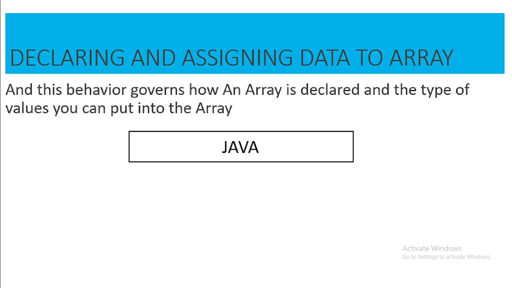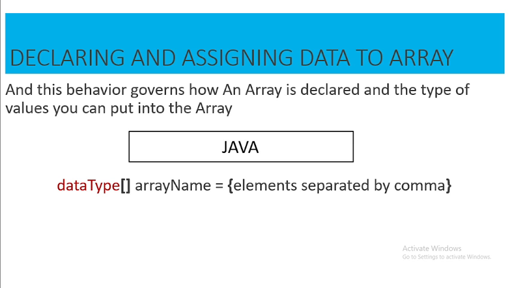Java is a statically typed language. To declare a normal array in Java, we say the data type first, then the square brackets, then the array name, then the equal sign, then the curly bracket, then the elements separated by comma.